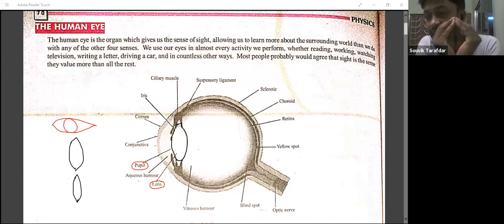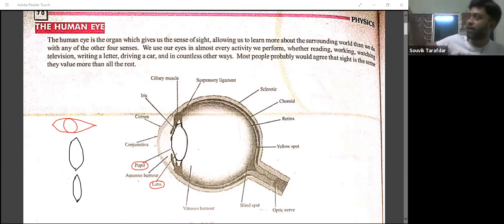It should be thick when we study, read books, or work on our computer or mobile, since these things are very close to our eyes. That's why we need to bulge our lens, and at that time we need to give stress on our eyes.